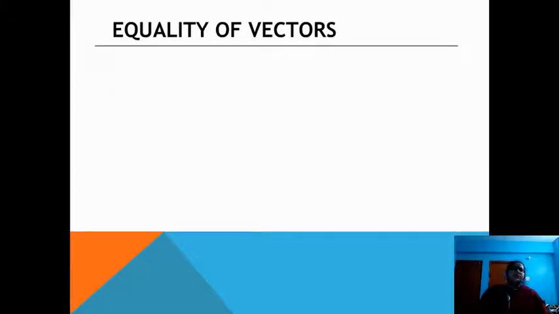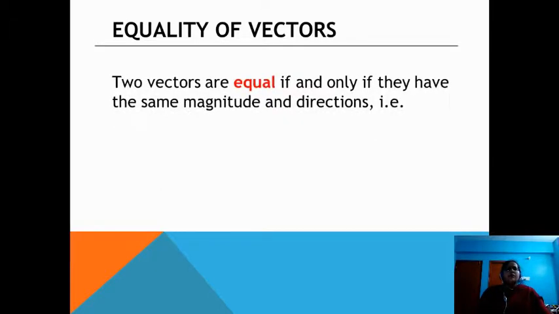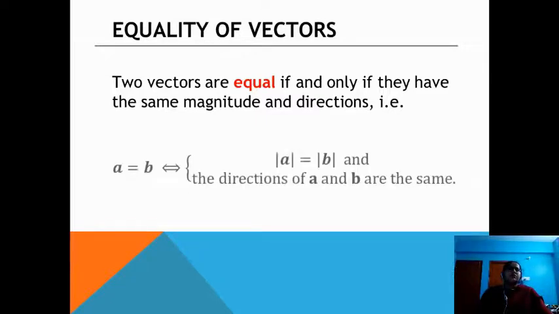Next we talk about equality of two vectors. Given two vectors, when can they be equal? Since two things are associated with a vector, magnitude and direction, we can easily guess that for equality of two vectors we need both the magnitude and the direction to be the same. So two vectors are equal if and only if they have the same magnitude and direction.